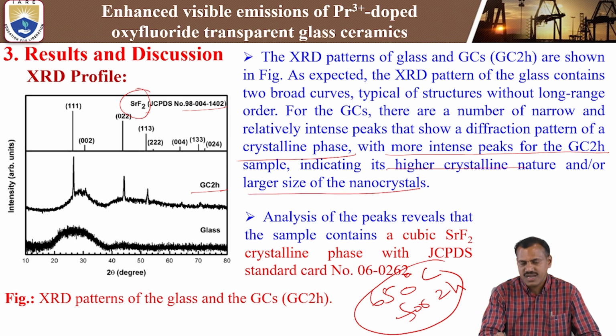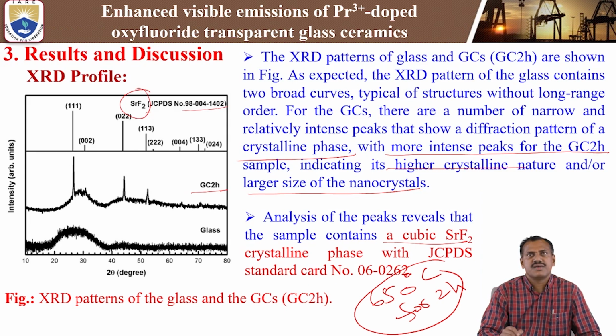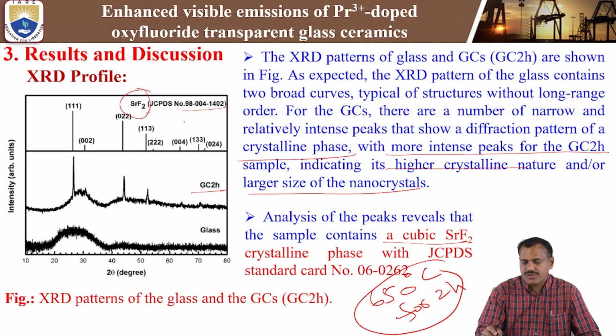At the same time, the analysis of the peaks reveals that the sample contains a cubic structure, the cubic strontium fluoride nanocrystal phase, with the JCPDS standard card number 98-004-1412. This is one of the important standard XRD profile patterns. So in this XRD pattern, we observe that the prepared sample matches well with the strontium fluoride nanocrystals.